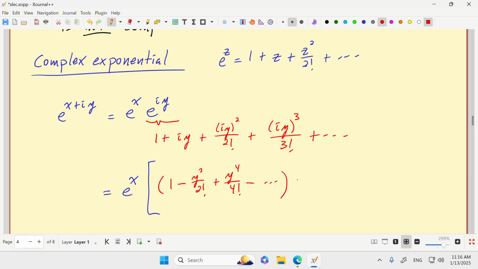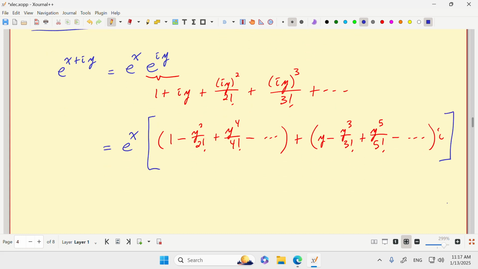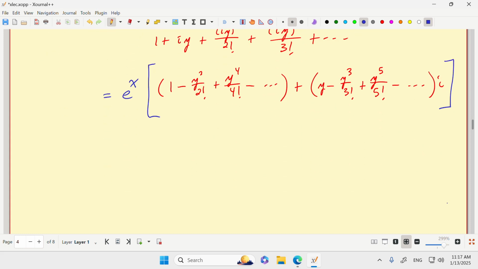And now the imaginary parts with an i in front of it. We see a y there. The next one would be minus i times y cubed over 3 factorial, etc. The next one would be plus y to the 5th over 5 factorial, and then they would alternate again and be negative. And so Euler was the first one to realize that if the complex exponential was going to make sense, he recognized this as the power series for the cosine function.